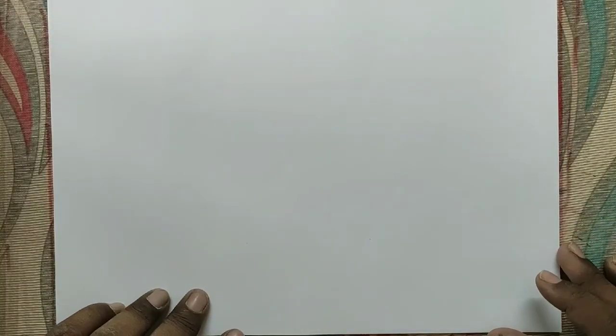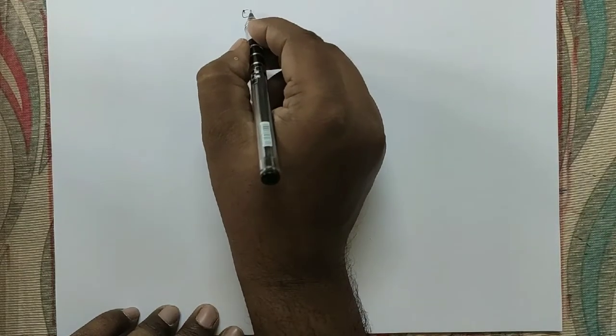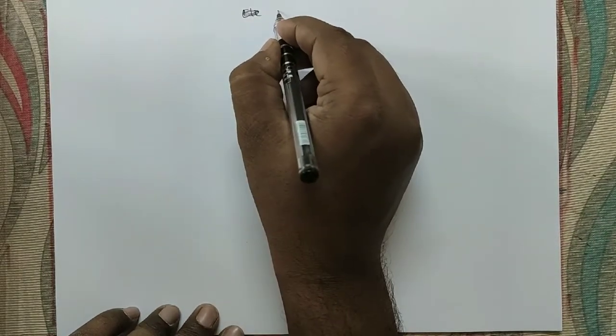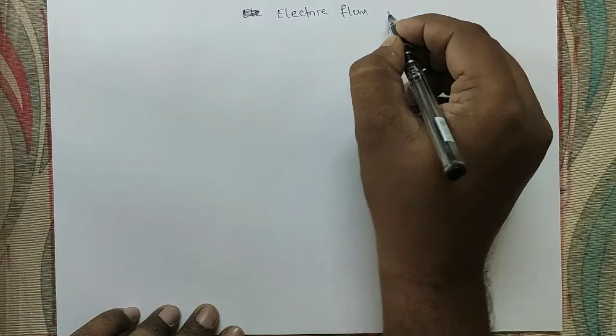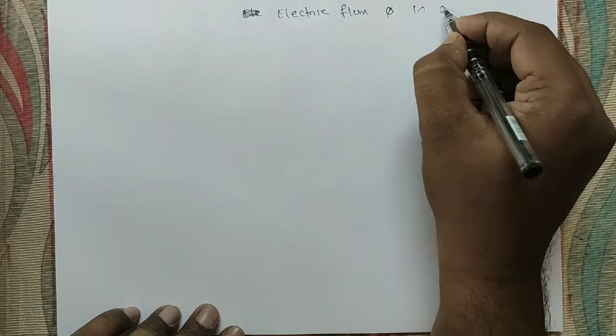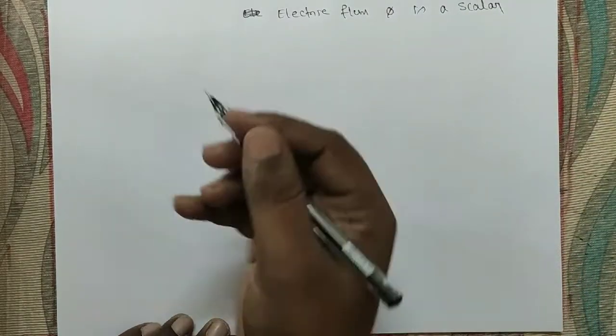Electric flux is a scalar quantity because it is a dot product of electric field intensity and area vector. And what about the units?